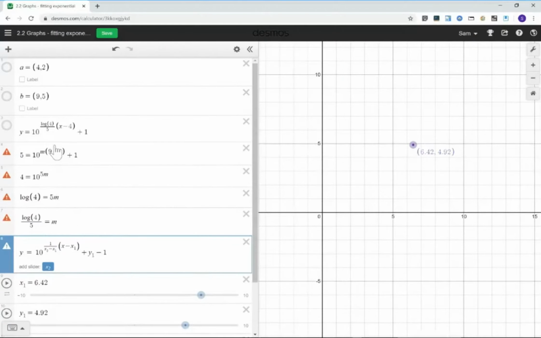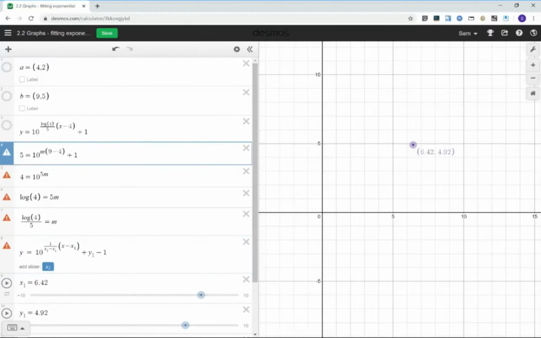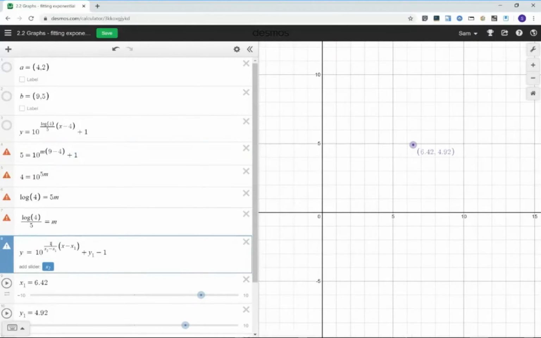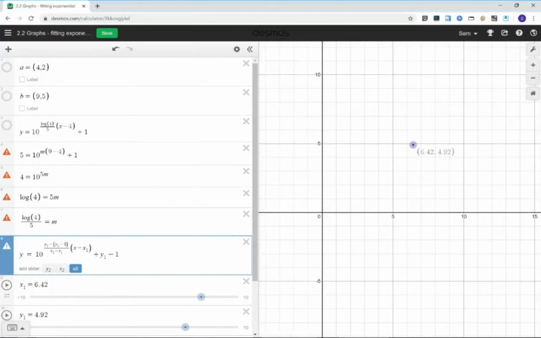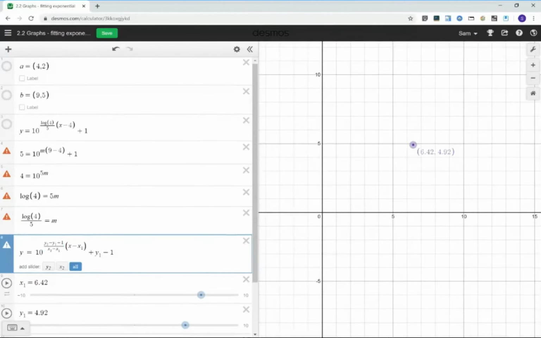And where did this log of 4 come from? Let's think it was 5 minus 1. So the second y value, take away the first y value, take away 1, which is just the difference in the y values, plus 1. And that's how we got the log of 4.